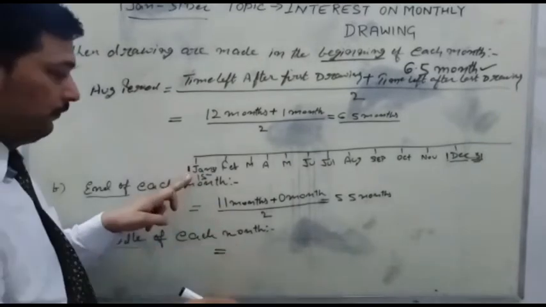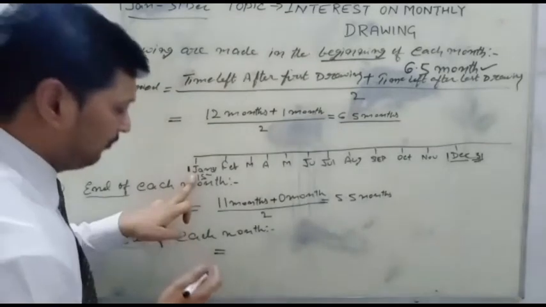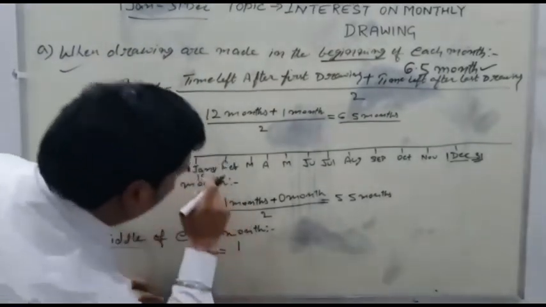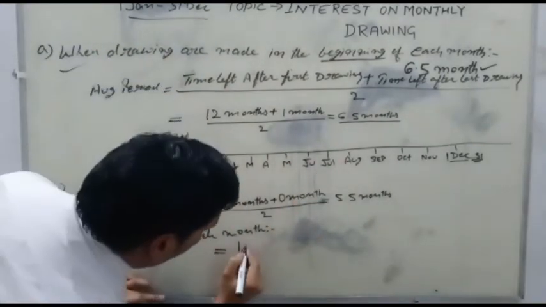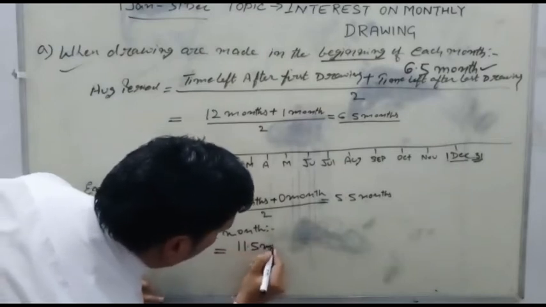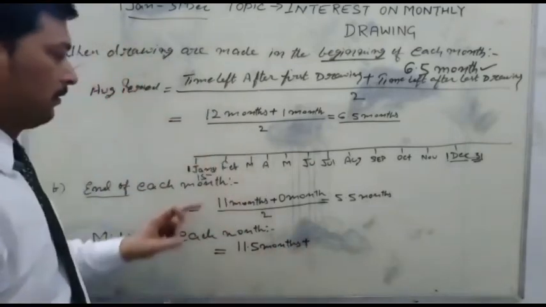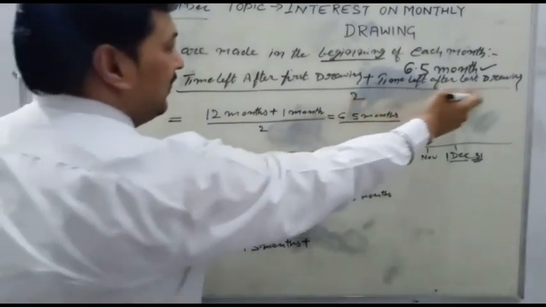From 15 Jan to 31st December, the total is 15 days of Jan and 11 months of Feb to December, that is 11.5 months, plus time left after last drawing.